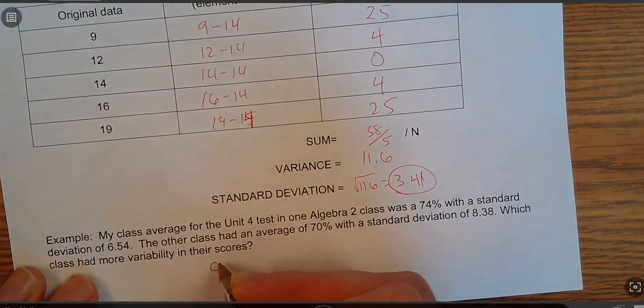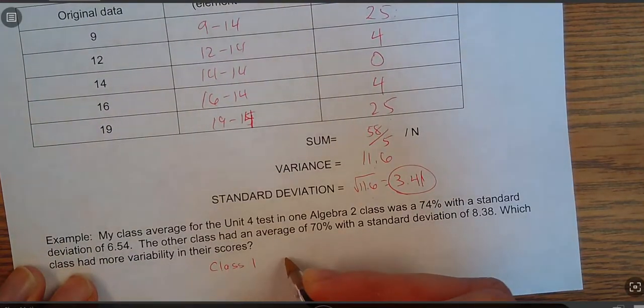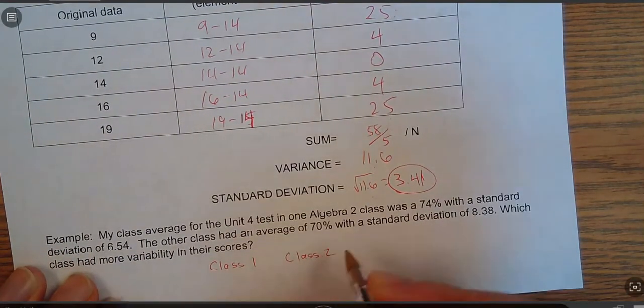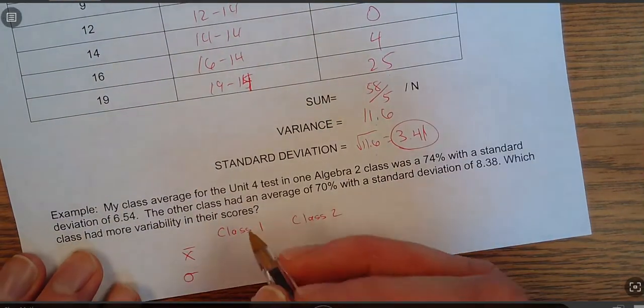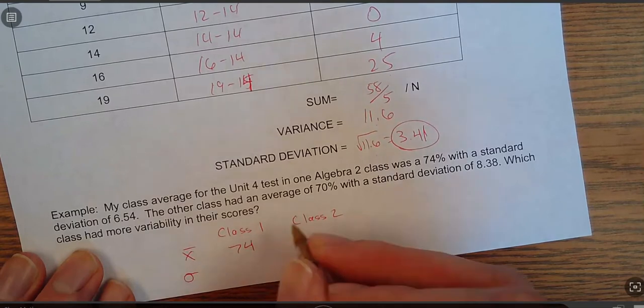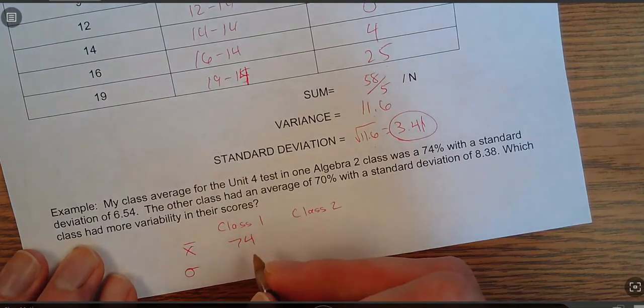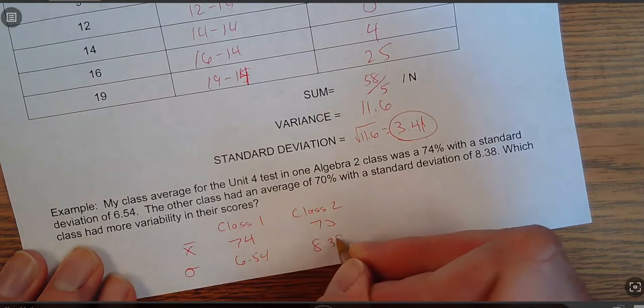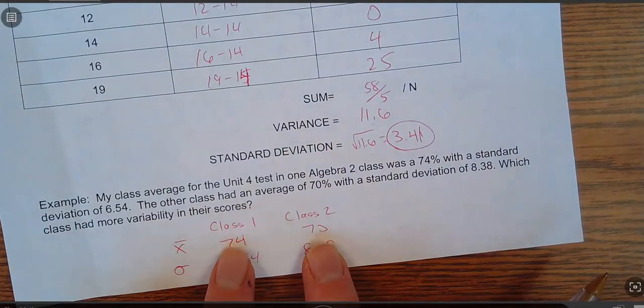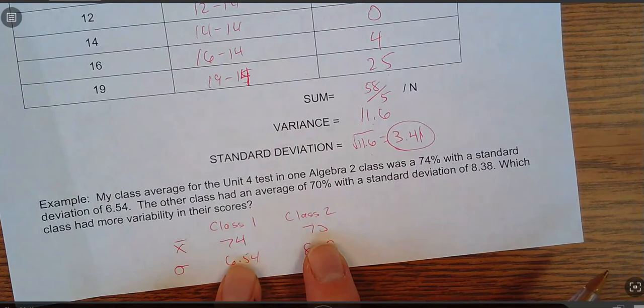So we'll say class 1, class 2, and I'll say X bar is the mean, and this is standard deviation. One class average is a 74 with a standard deviation of 6.54. The other one's a 70 with an 8.38. This one had a higher score, and has a smaller number for standard deviation.